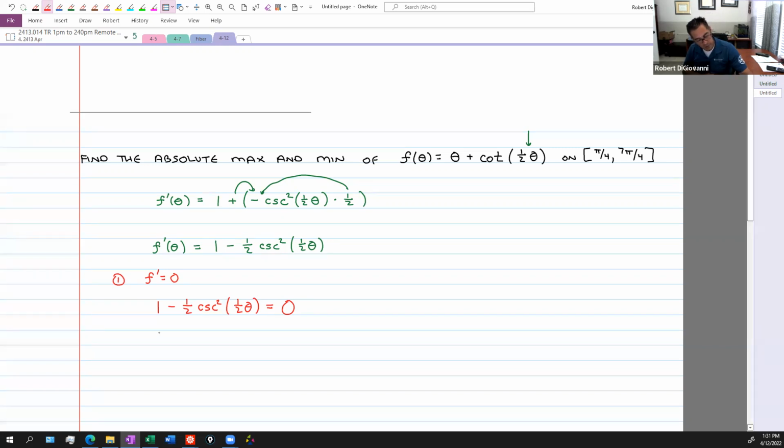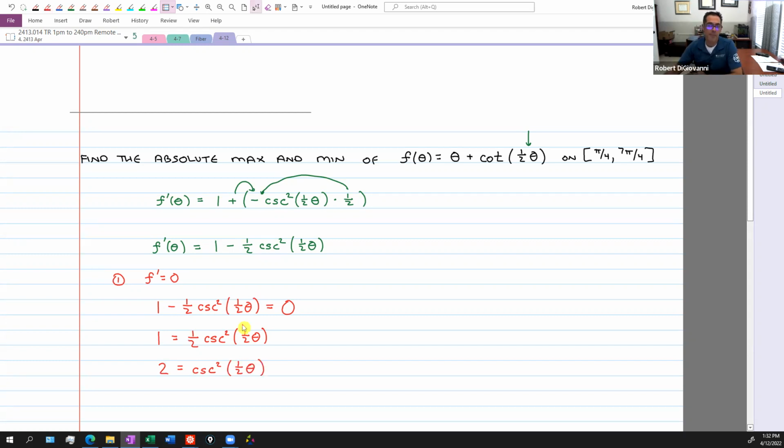So here's what I'm gonna do. I'm gonna move everything that was negative to the right side of the equation to make it positive. So basically all that cosecant squared stuff that was minus 1/2 cosecant squared of 1/2 theta, I moved it to the right. I'm gonna multiply both sides by 2. That'll clear out that fraction.